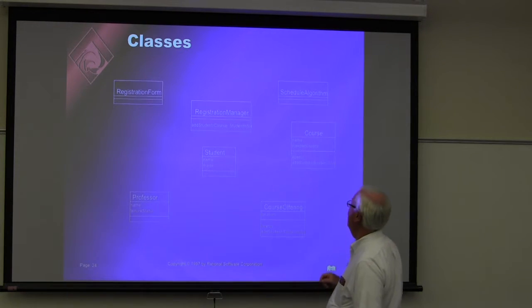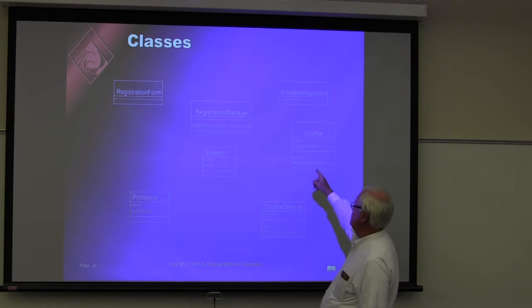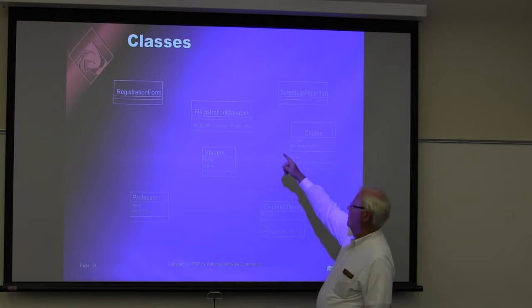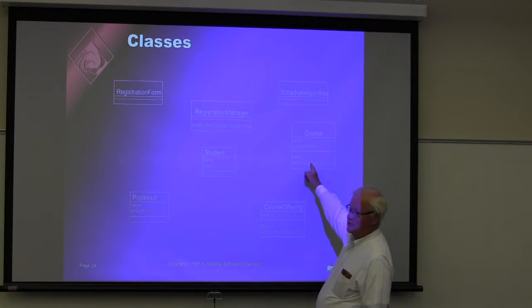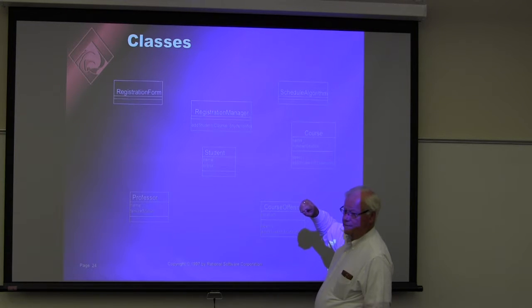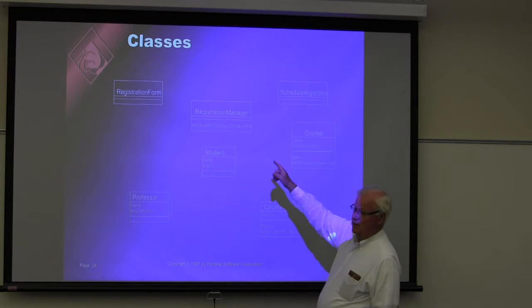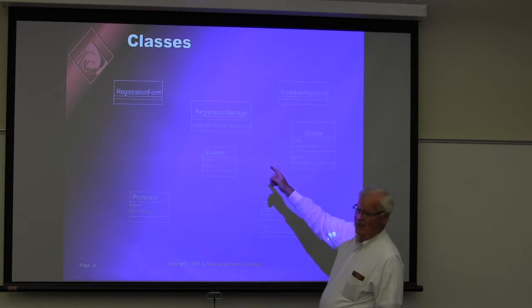How come on registration manager, course and student info is not listed in the data element area? Because it's over here, registration manager affects this. Okay? So the registration manager is a piece of software, probably like a module, that gives the registrar the ability to add, delete.